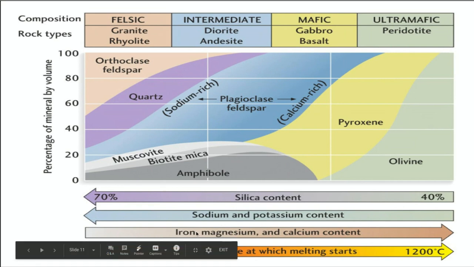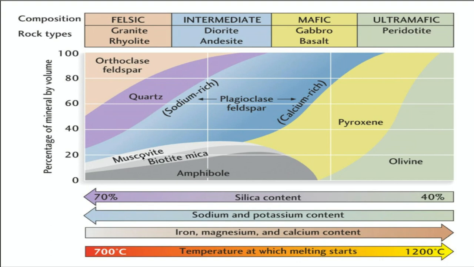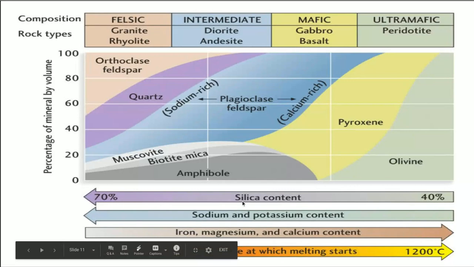If it's got a lot of metals like iron and magnesium, that's going to shift it down to this end. So muscovite, the micas, are over here, which means that they have a lot of silica and not a lot of iron, or a lot of metals in their chemical structure. Quartz was SiO2.